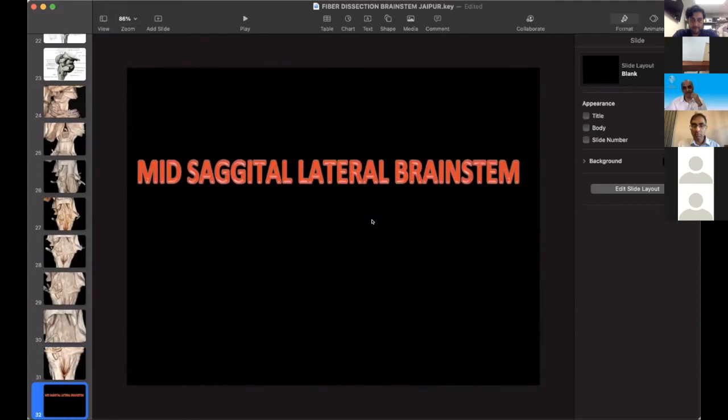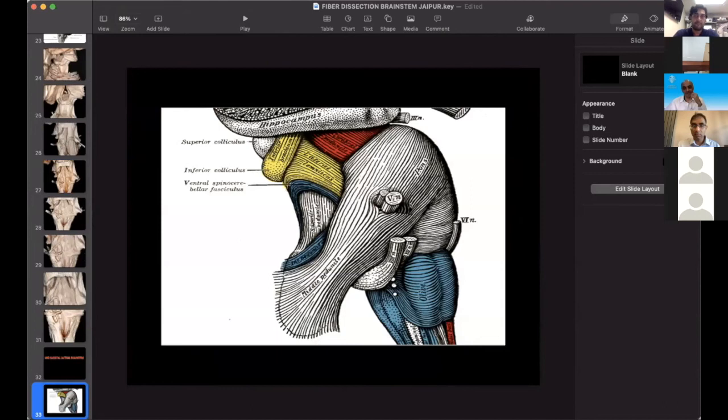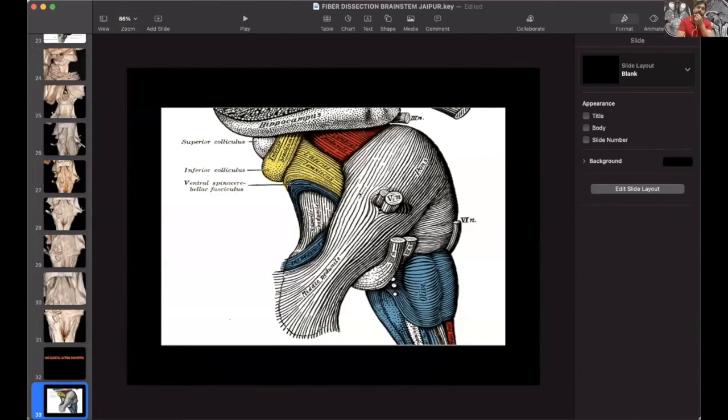So again, from the side view, this is the middle peduncle. The boundary is, of course, the fifth nerve. This is the pons, and after the fifth nerve, we have the middle cerebellar peduncle, which has transverse fibers. On top of that, you have the lateral lemniscus, which is again a very important landmark, with the lateral mesencephalic sulcus of the midbrain, which can give you an entry point into the brainstem.